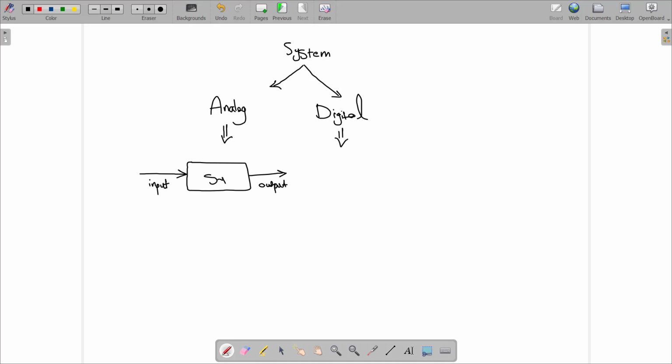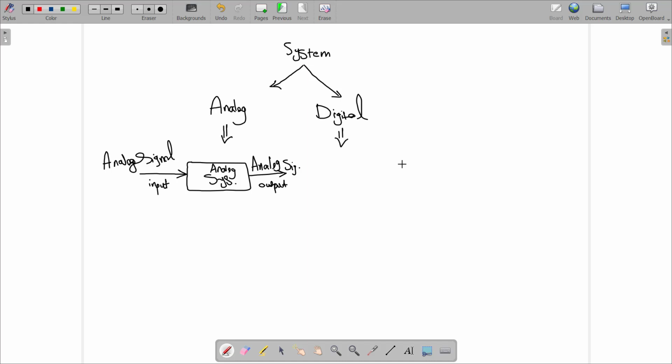This is the system. So we say that if the input of a system is an analog signal, and the output of a system is also an analog signal, we call this type of system an analog system.